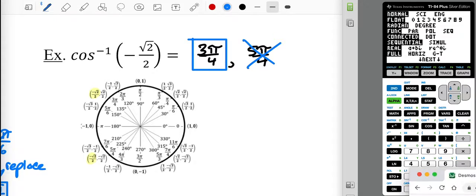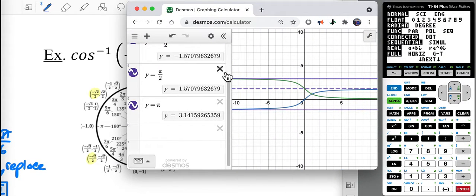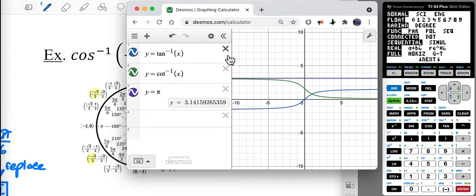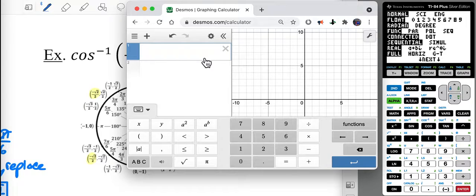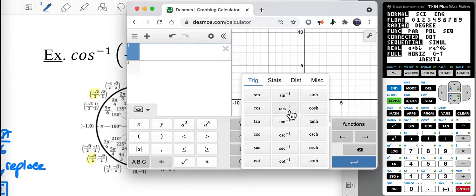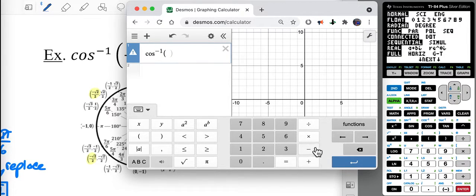Or you can go to Desmos. So inverse cosine function, inverse cosine of negative the square root of 2 over 2 gives you that funky decimal, and then you go from there.